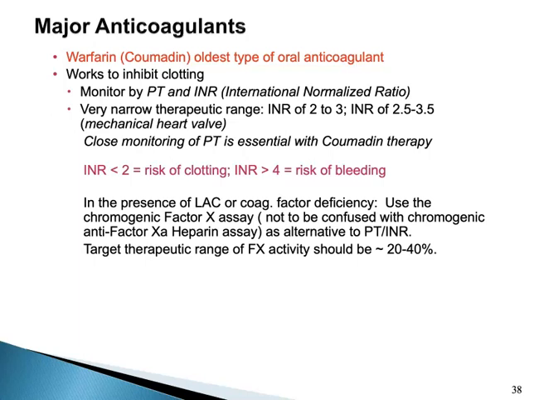Sometimes lupus anticoagulants or certain factor deficiencies can interfere with a PT. In those cases, we can use the chromogenic factor 10 assay. I'll talk about that in the next slide. The therapeutic range target for the factor 10A activity should be about 20 to 40%.